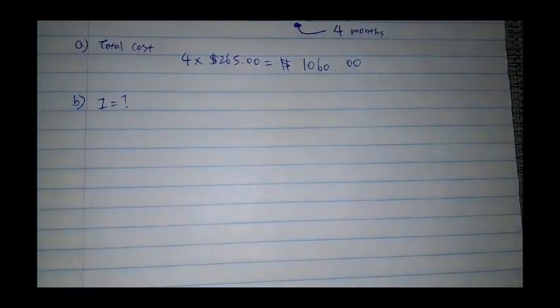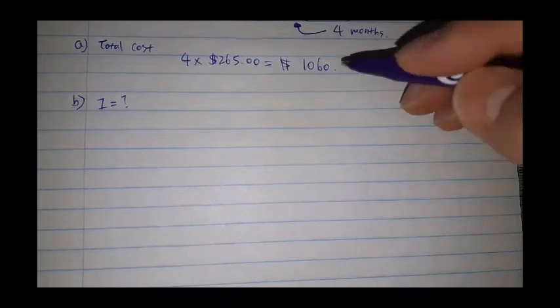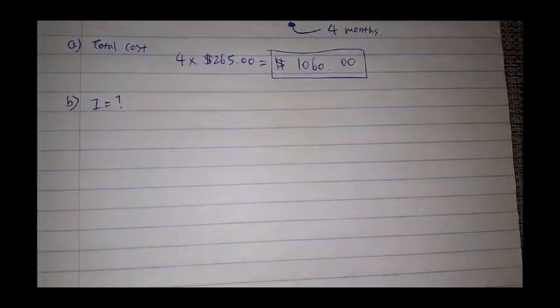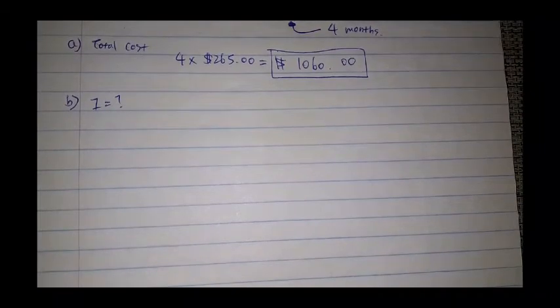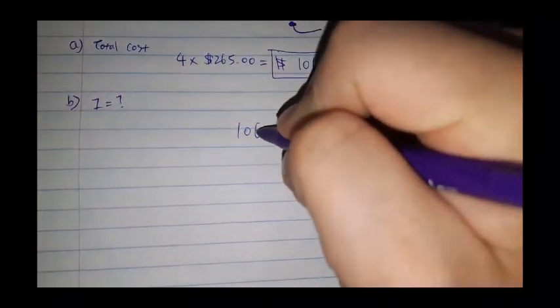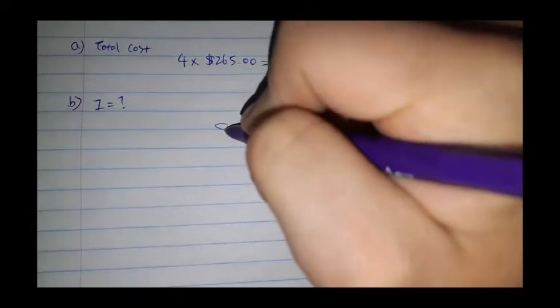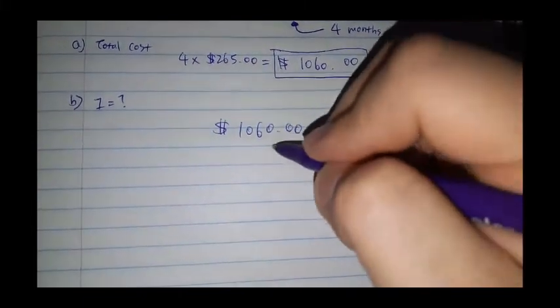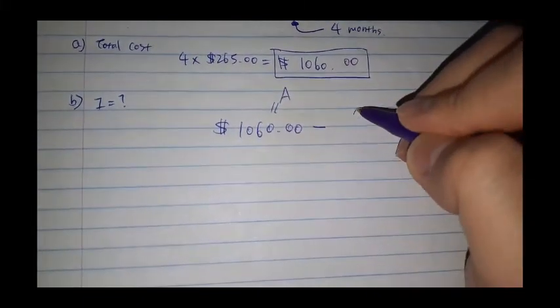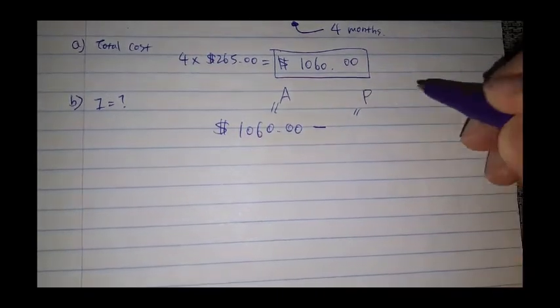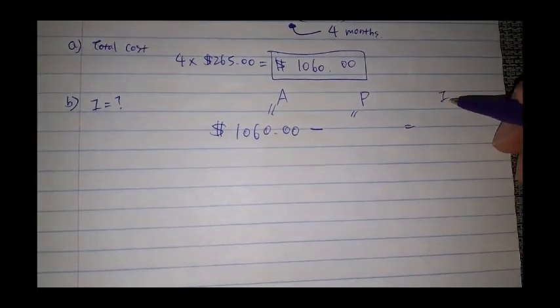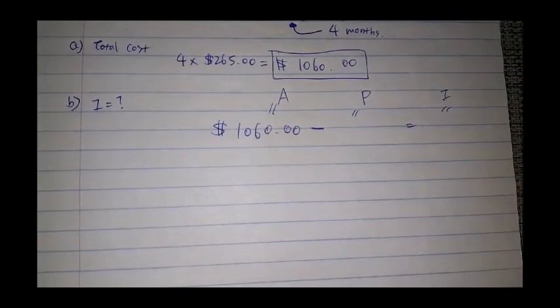Now B is asking, how much is the interest? Let's think about it. As you may notice, the $1,060 that we pay is definitely larger. So what should I do? Subtract them. That's your A, and that's your P, to find your I. A is equal to P plus I, right?